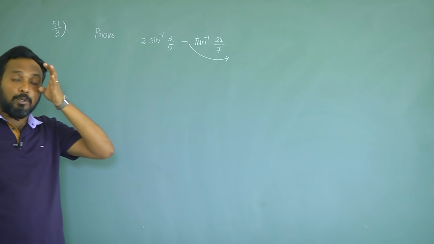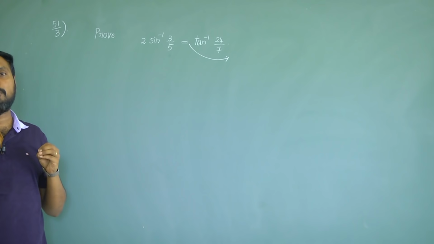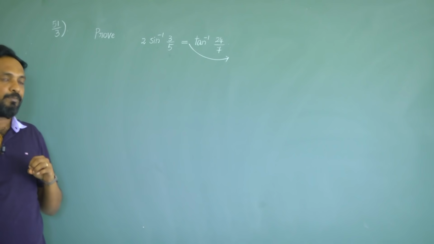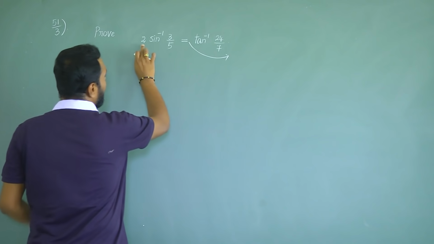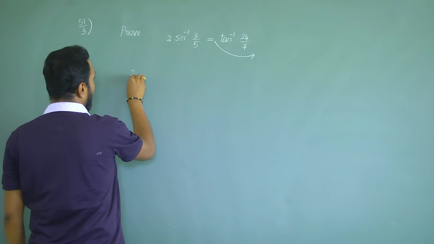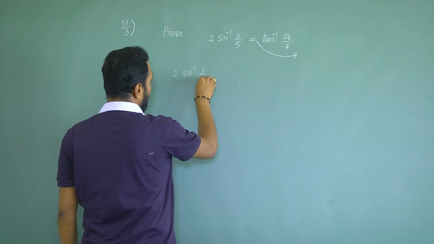So, already you know, for 2 tan inverse x, we have 3 formulas, whatever we have discussed in last problem. The same model, first I will convert this function in terms of tan inverse. 2 sin inverse 3 by 5.